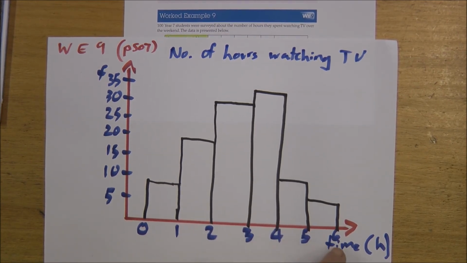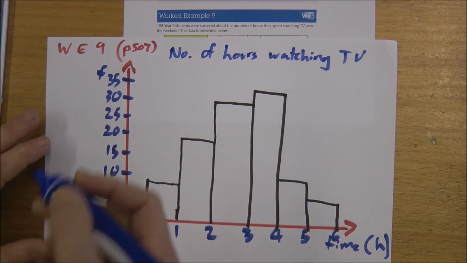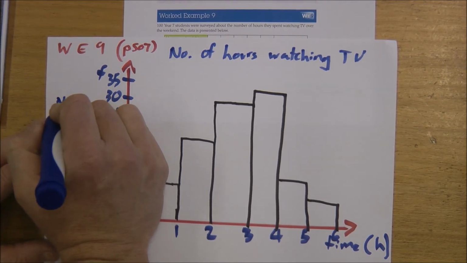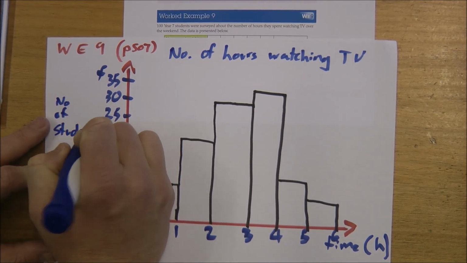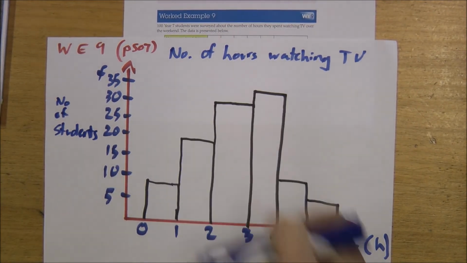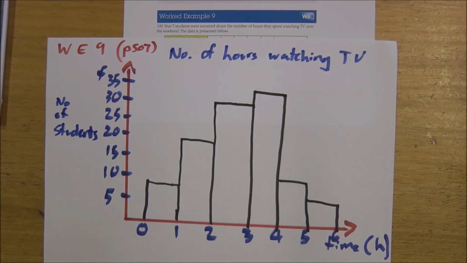These numbers should be evenly spaced with a label, and if there's units, we have the units. Up the side here, I've written frequency. I could have written number of students, probably a little bit more correct to do that. Evenly spaced increments up the side there, and a title on the top. There's our histogram done.